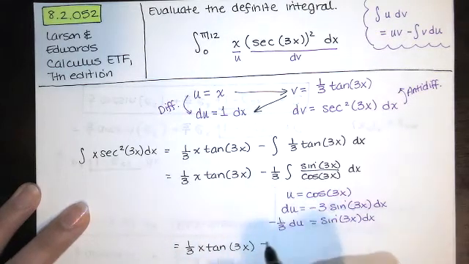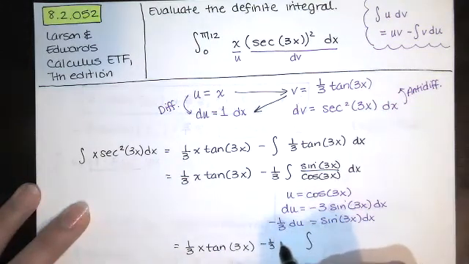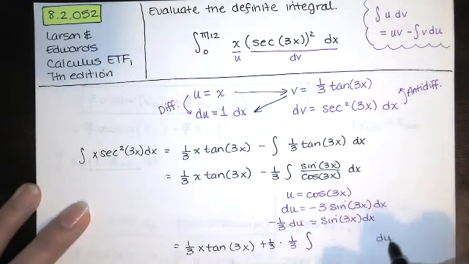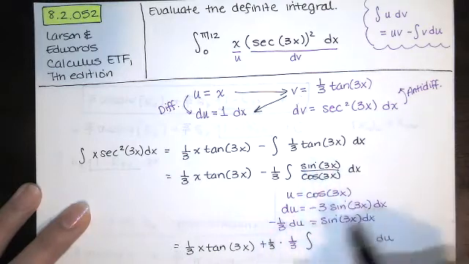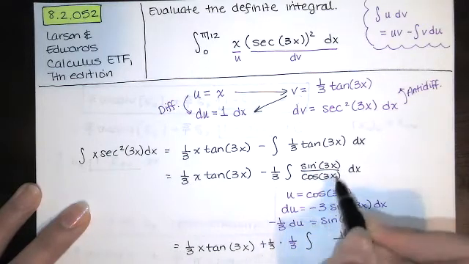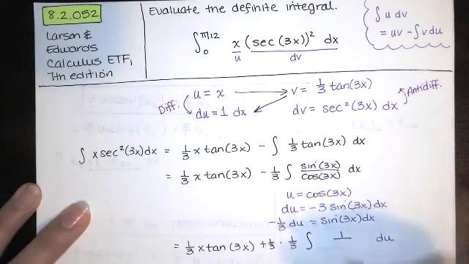I've got that 1/3 from before, and sine of 3x dx is negative 1/3 du. So negative times that negative makes a positive. I'll put a 1/3 there, and I'll factor the du off to the far right. And there's still an implied 1 in that numerator and a u in the denominator.